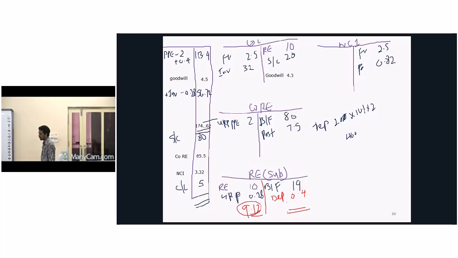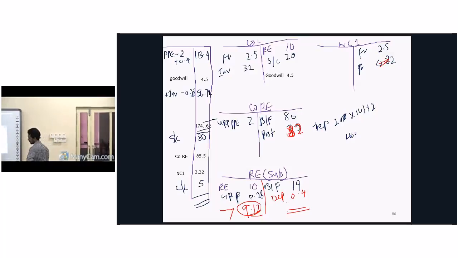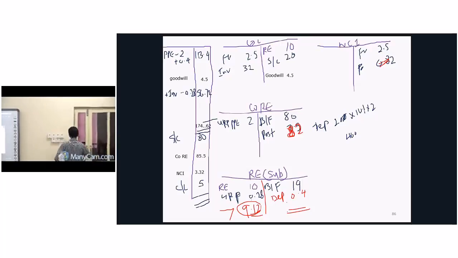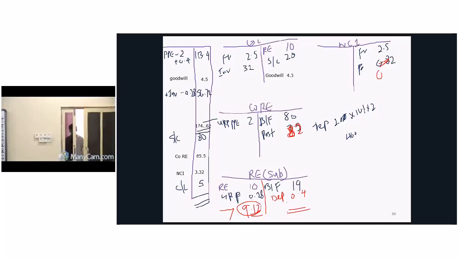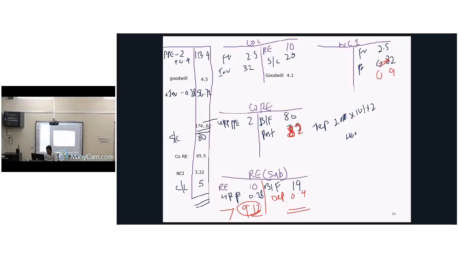This should be split into two as 90% and 10%. Then this into 90% is 8.2. This should be 8.2, not 7.5. And the NCI portion should be 9.92. Then it will be 0.92. 9 should be 92.